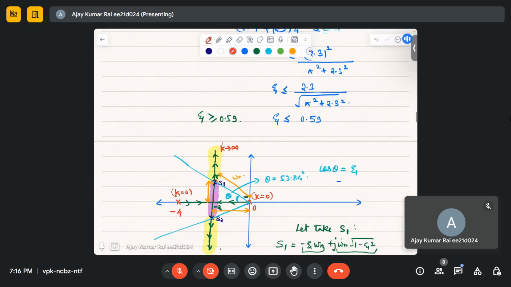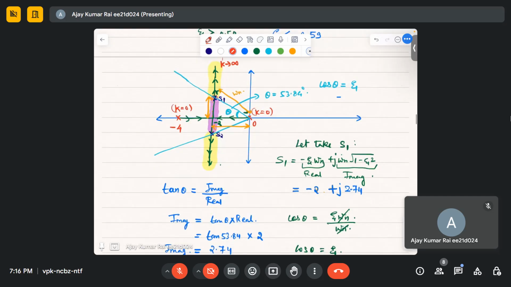Can you relate this to the root locus? Because you see from here, at this point -2, the critically stable point, we are going into the underdamped system. In the underdamped system, the real part is always fixed, that is -2. We are just increasing the value of the imaginary part, omega n into root of 1 minus zeta square.